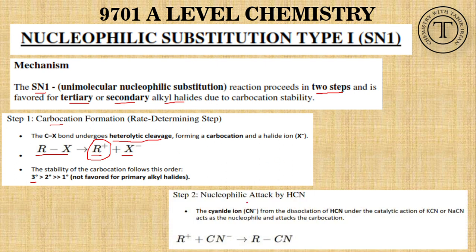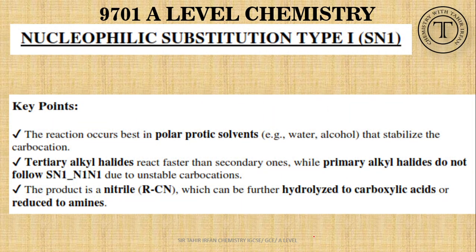Okay, the second step, nucleophilic attack. The cyanide ion from the dissociation of HCN under the catalytic action of KCN or NaCN acts as a nucleophile and attacks the carbocation. Okay, there are some key points we must remember. Number one, the reaction occurs best in polar protic solvent, for example water, alcohol, that stabilize the carbocation.